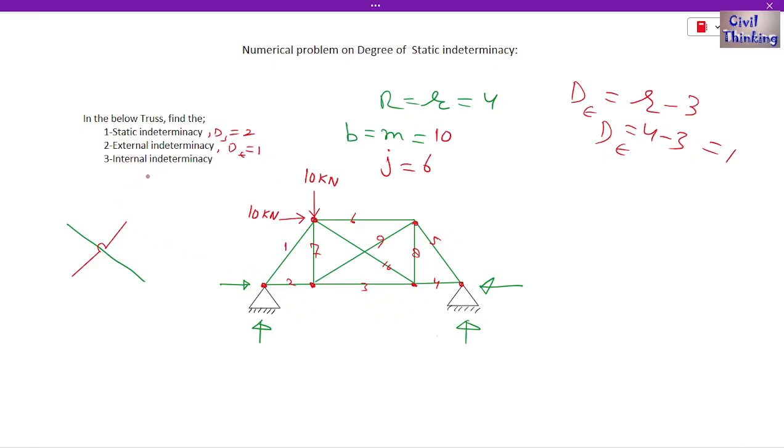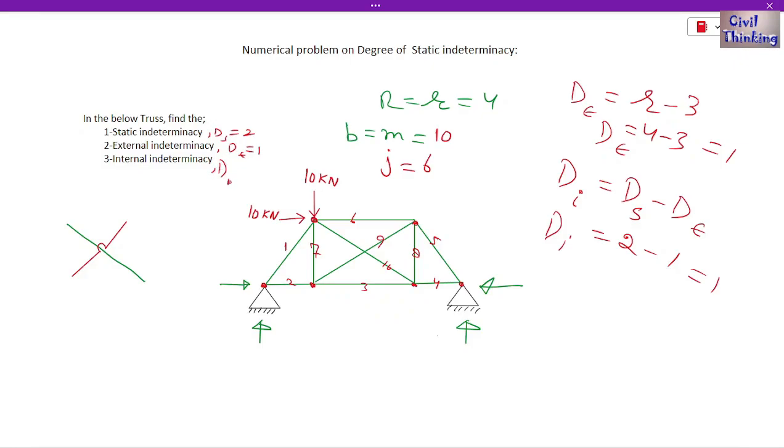Now we have to find the internal indeterminacy. di, internal, is ds minus de, right? We found ds equal to 2 before, right? So it is 2 and de is 1, right? So 2 minus 1 is 1. I will tell you what it means.